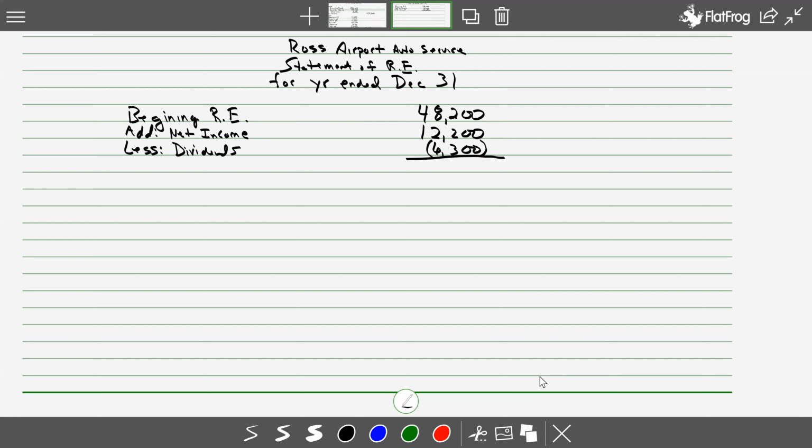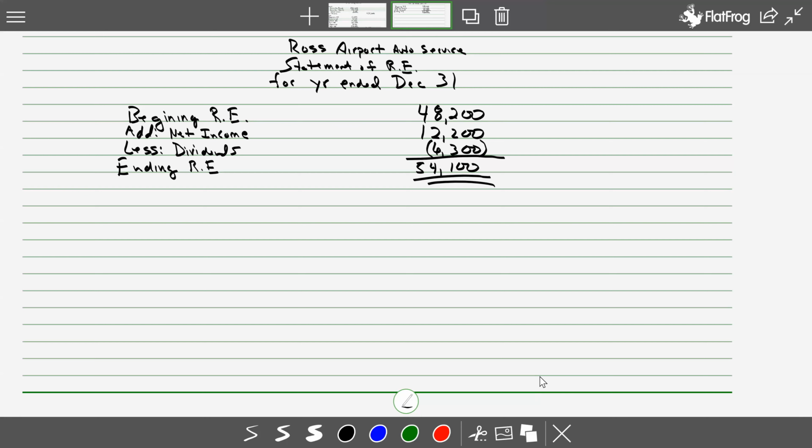We can do that math: 48,200 plus the 12,200 minus the 6,300 in dividends gets us 54,100, which is our ending retained earnings amount.